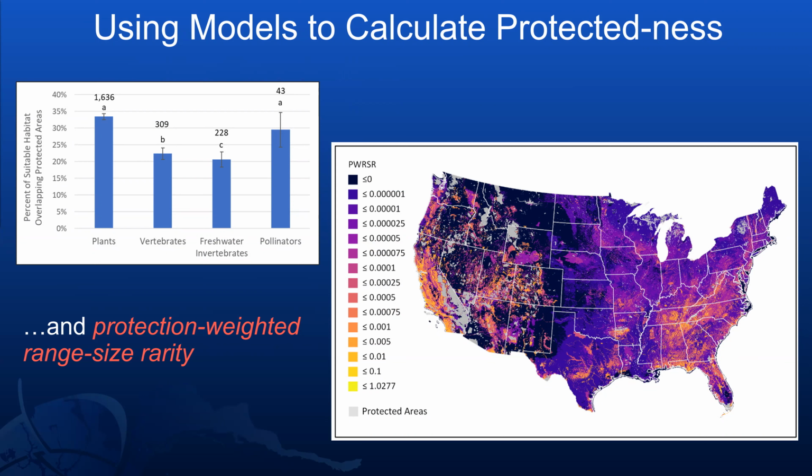So we're asking ourselves how we can calculate the degree of protectiveness. We then weight those further by the percent of that range that is covered by GAP 1 and 2 protected areas. So once these values are summed, each pixel has a relative value of protectedness across all species.